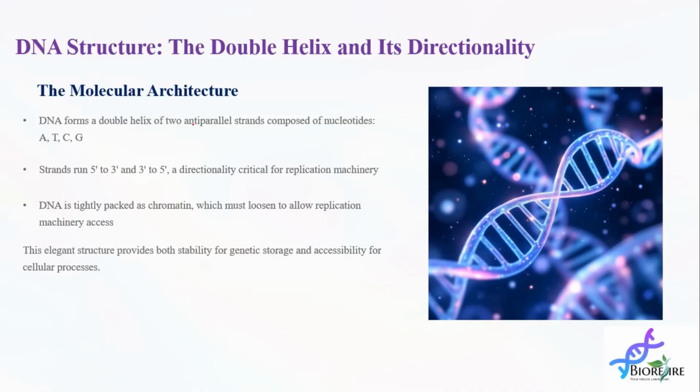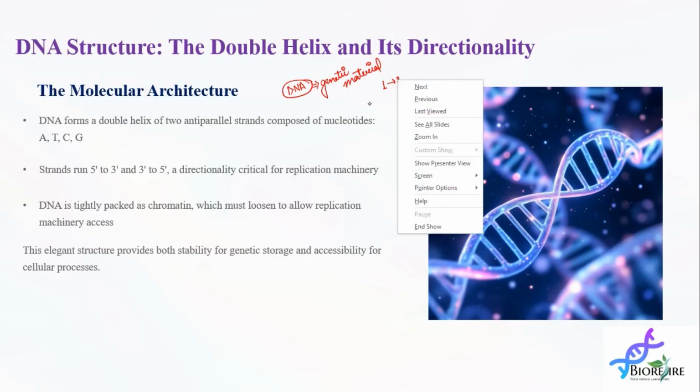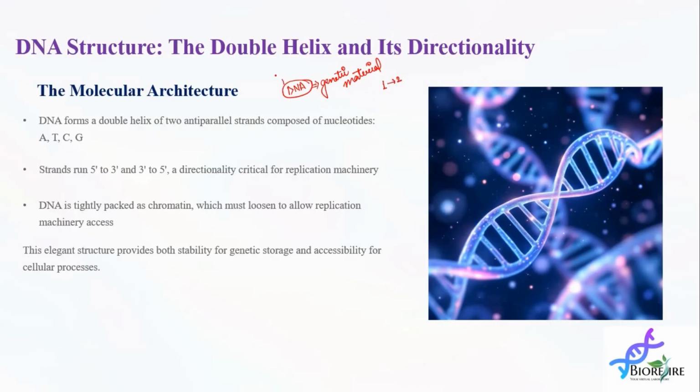In the DNA replication process, DNA plays the most important role. Now, in which form? This DNA is a genetic material. It will transfer the information from one generation to another generation, and it will also code some information.